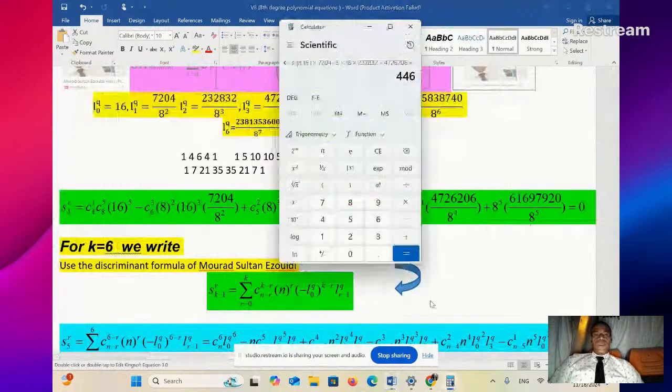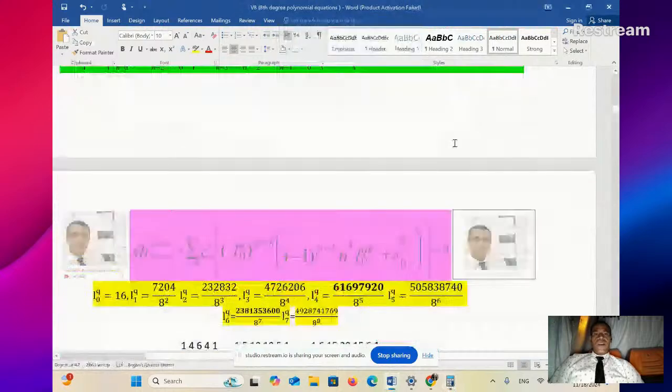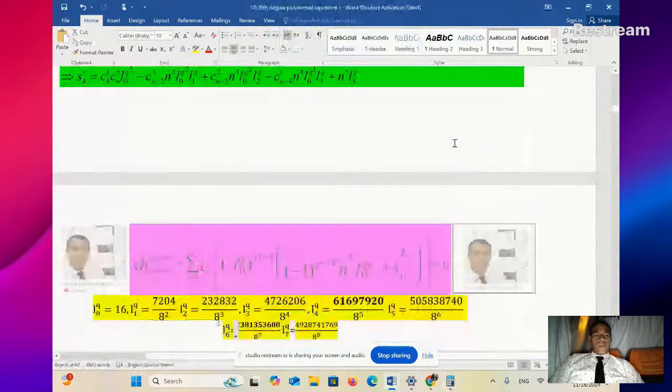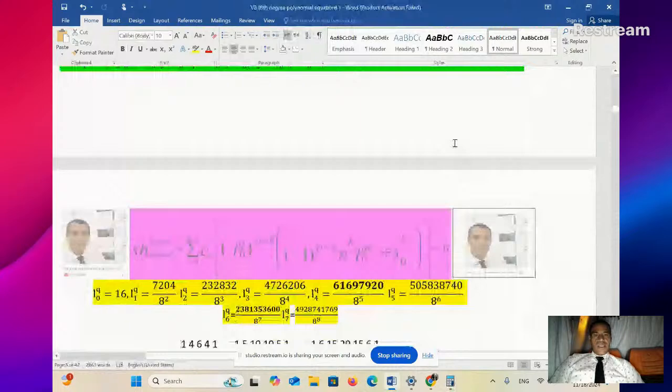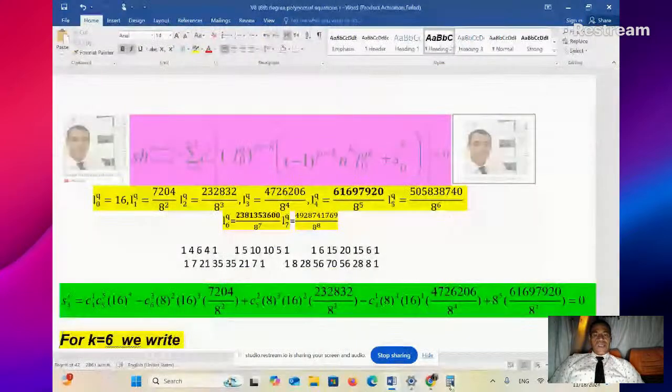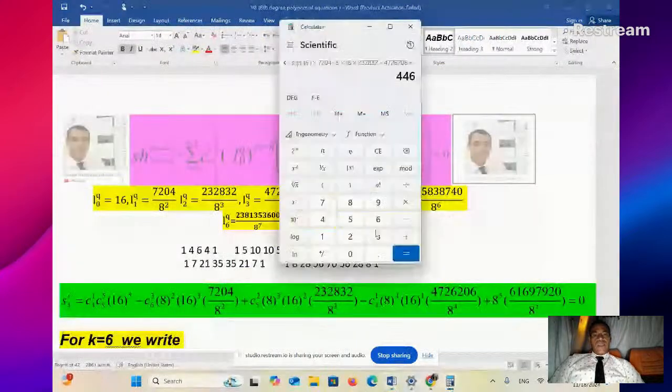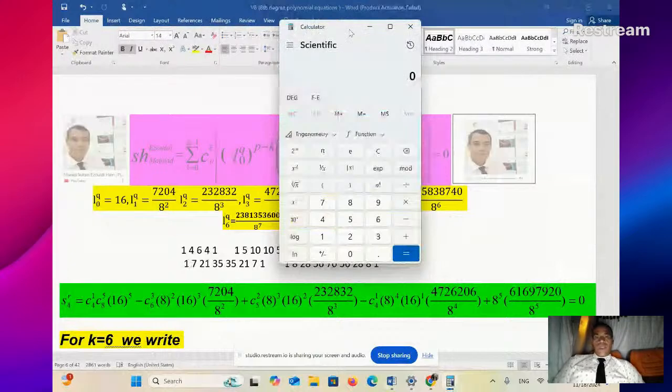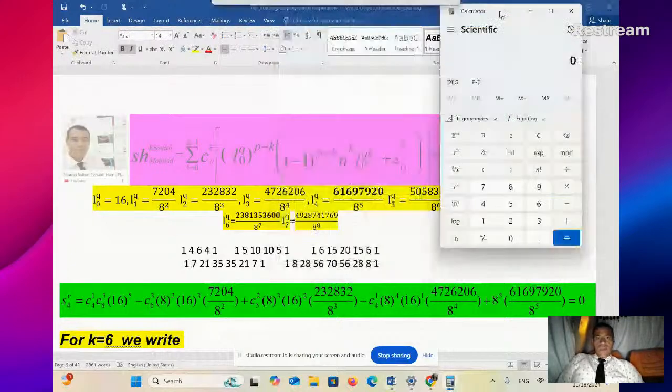I'll just use my calculator. This is my calculator, learners.